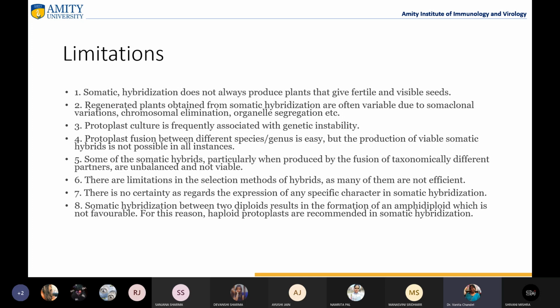But every technique has a positive and a negative side also. So it's fine. We always look for the positive side and we try to exploit the best out of the techniques. In every kind of experiment we do, there are certain positive results and certain negative results also.